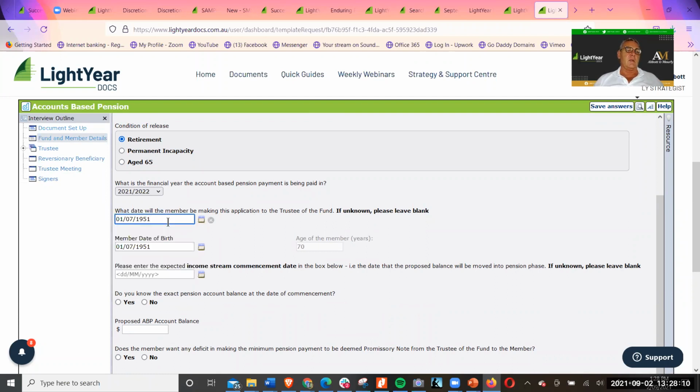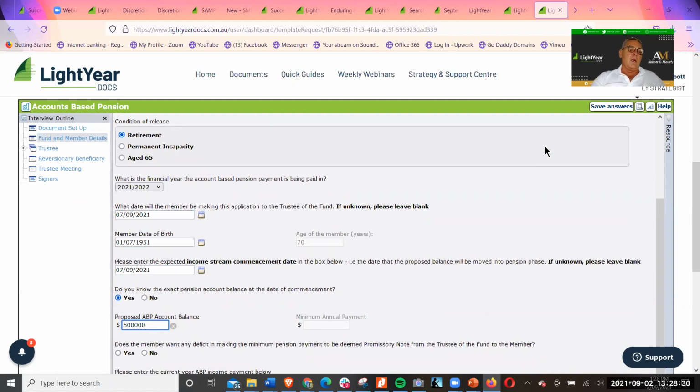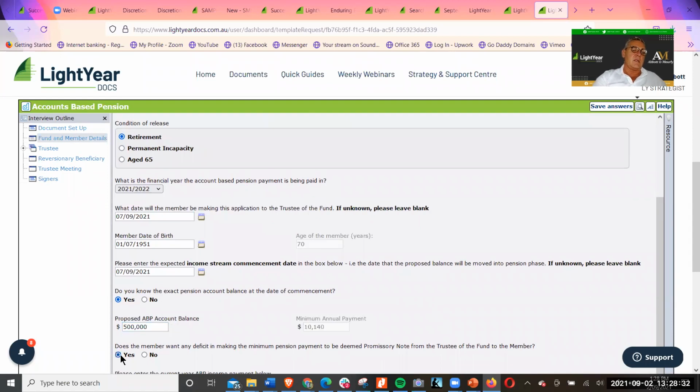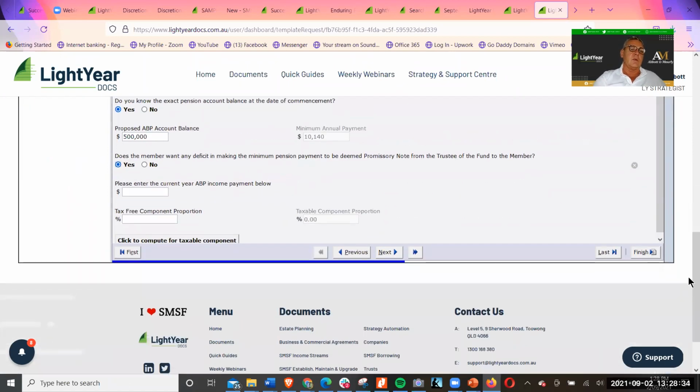It's interesting, you can actually find out what day you were born. So we're going to do the 7th, age 70. It's going to be starting on the 7th. Do we know? Yes, it's $500,000. Does a member? Yes, we want to do that, which is important.